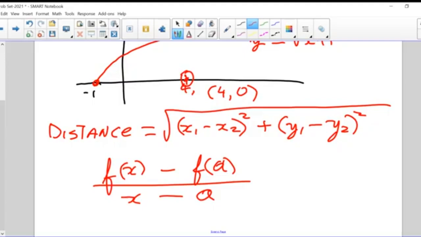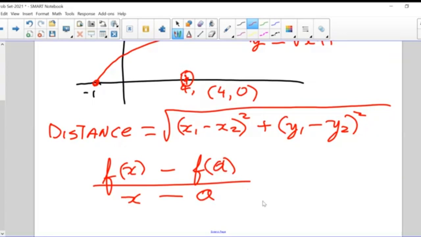Maybe that might be a clue. The f of x just refers to the function itself, whatever the function is, and the x is just x. So maybe, just maybe, 4 is the a and the 0 is the y right here. So we know that that's on point.